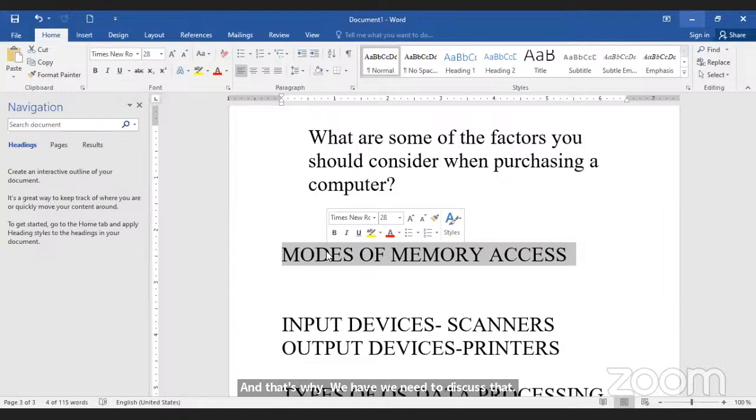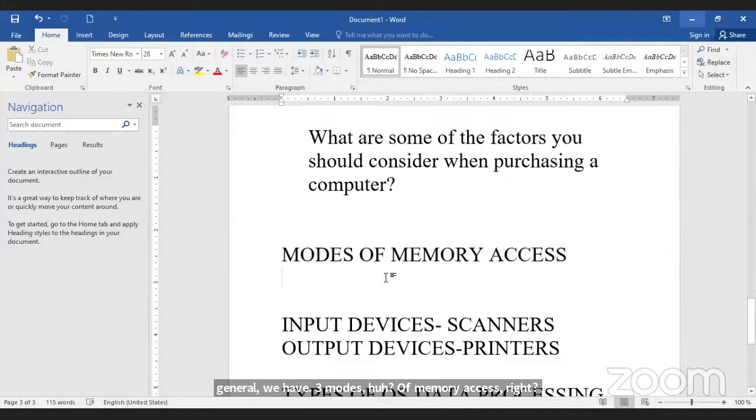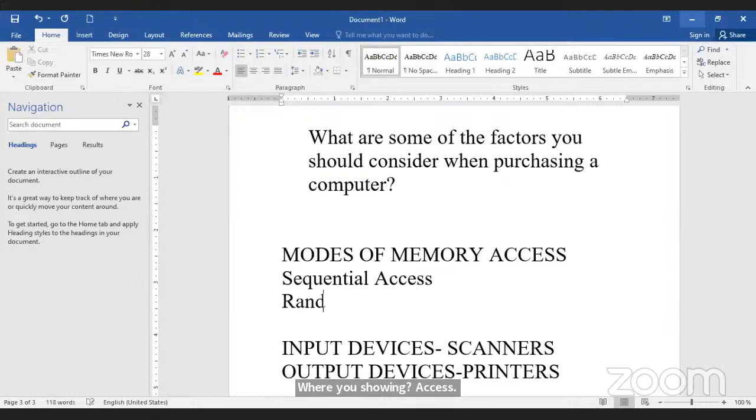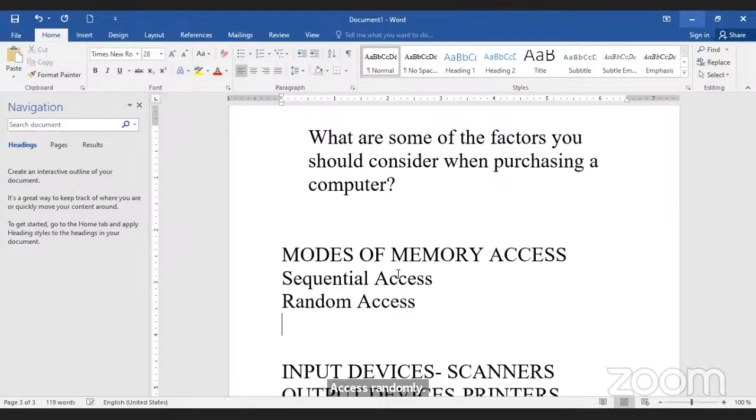So generally, we have 3 modes of memory access, right? Memory can be accessed sequentially, sequential access. Memory can be accessed randomly, and also memory can be accessed directly, call it direct access.